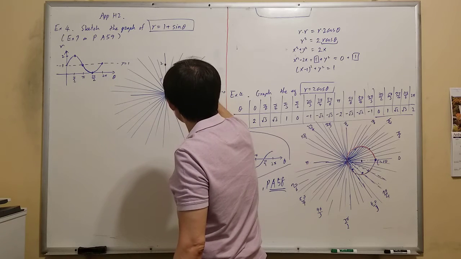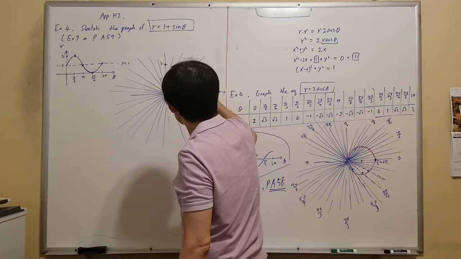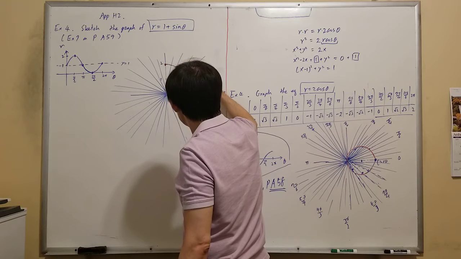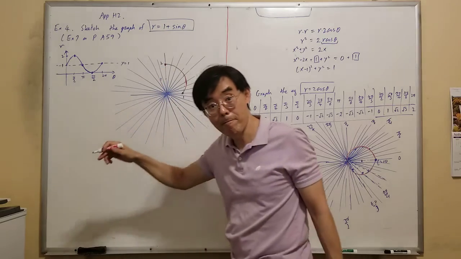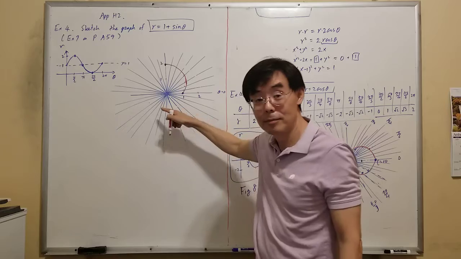See? As theta increases, this is getting larger and larger, from distance 1 to 2.